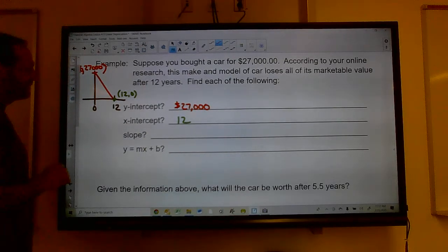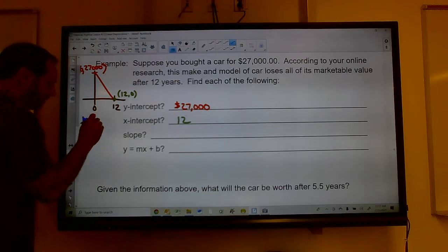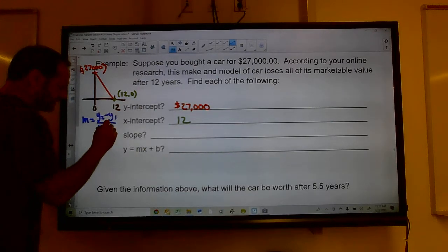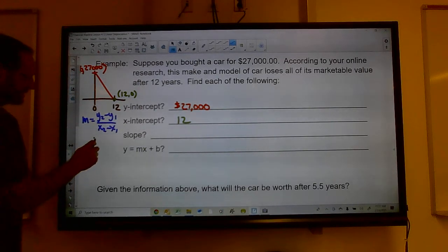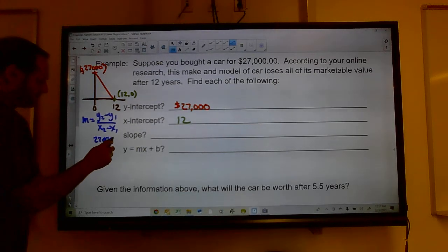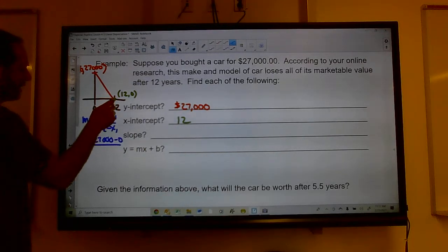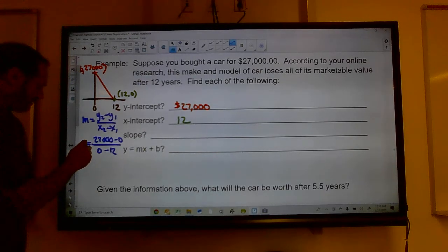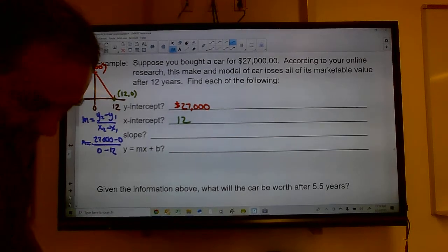So remember, you find the slope. The slope formula is the difference in the y's divided by the difference in the x's. So it's going to be 27,000 minus 0 over 0 minus 12. So that's 27,000 divided by 12.